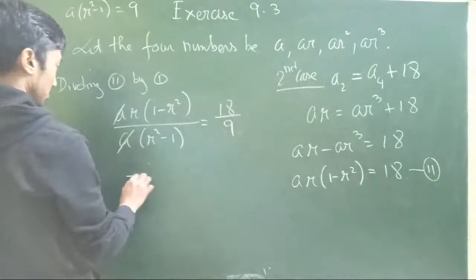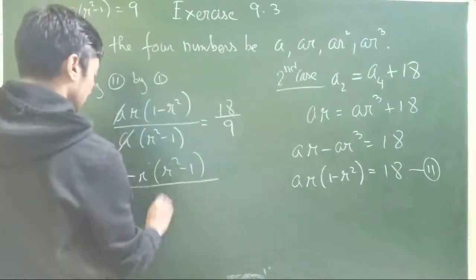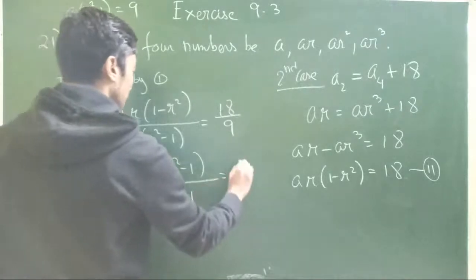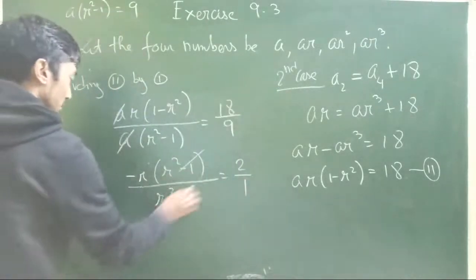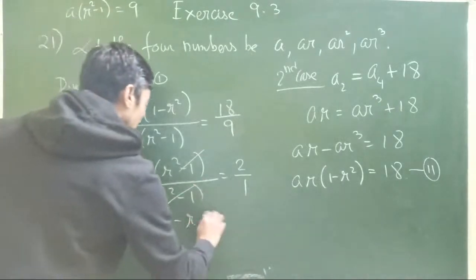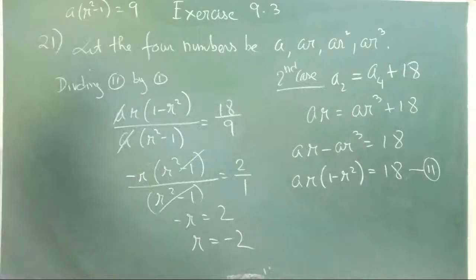So minus r is equal to 2, so the r value we have is minus 2. Alright, so the value of r that we get here is minus 2.